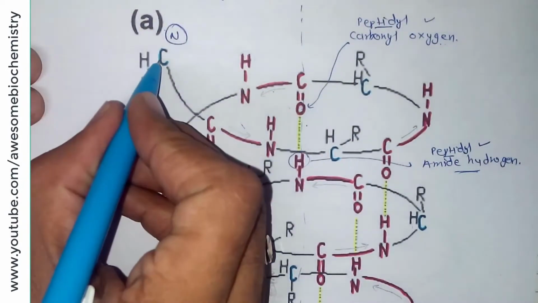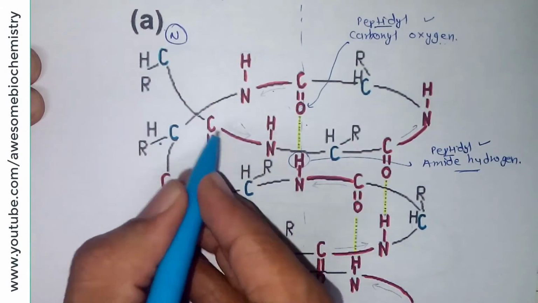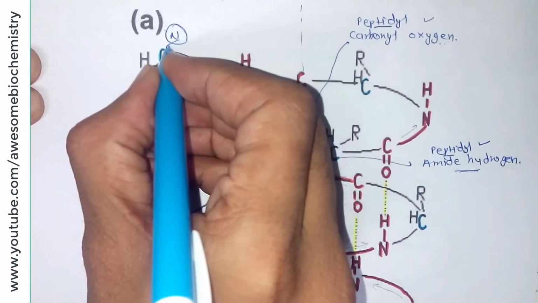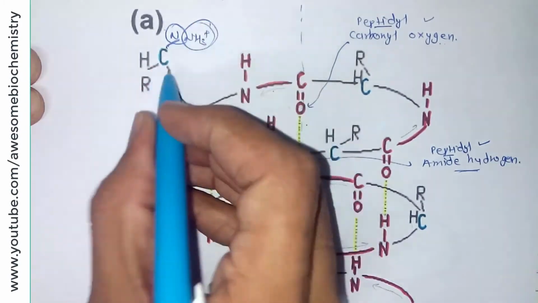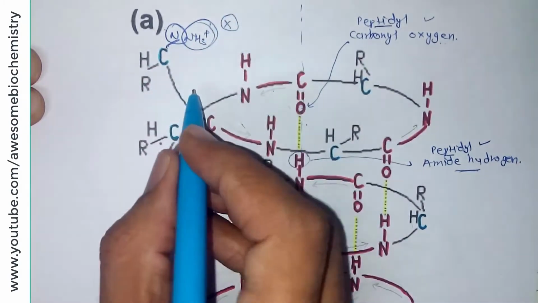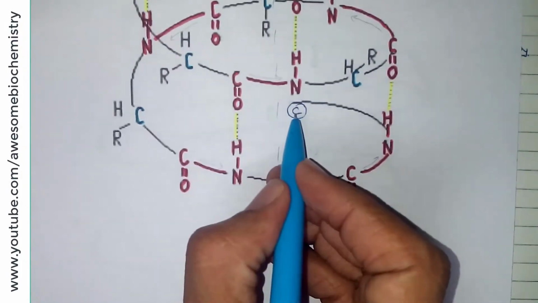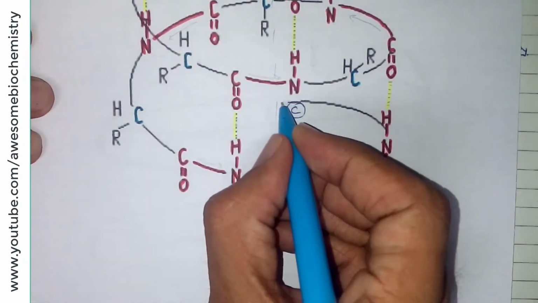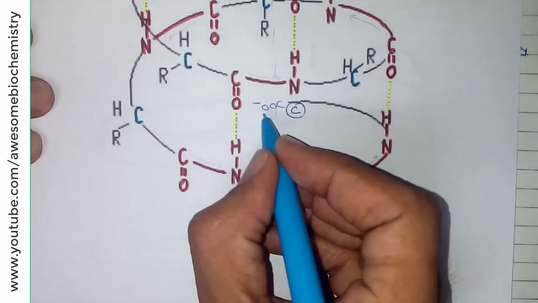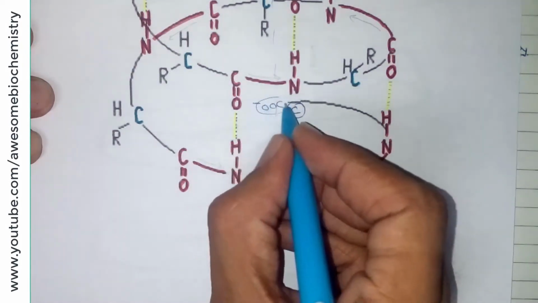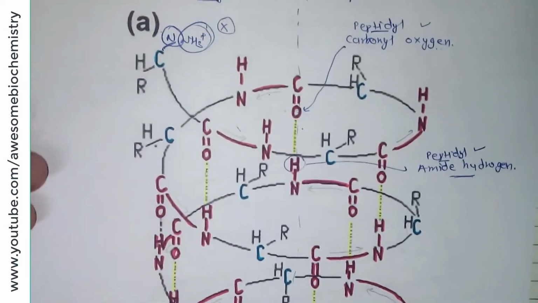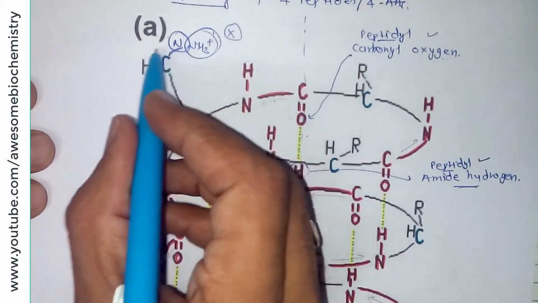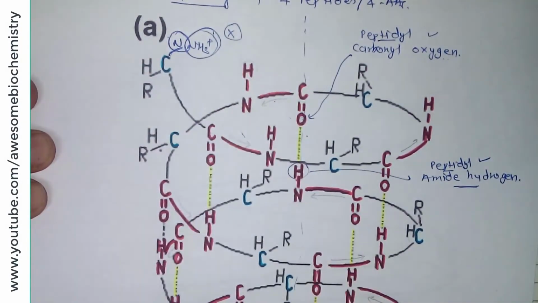See, in this first amino acid, on this side there is a peptide bond, but as this is the N terminal, there is an NH3 plus. This amide hydrogen is not participating in any hydrogen bond. Similarly, on the C terminal, the last group is going to be a COO minus. Okay, a carboxyl group is there. Now, that oxygen will not be able to make a hydrogen bond. So, all the amino acids make a hydrogen bond except for this first and last amino acid.